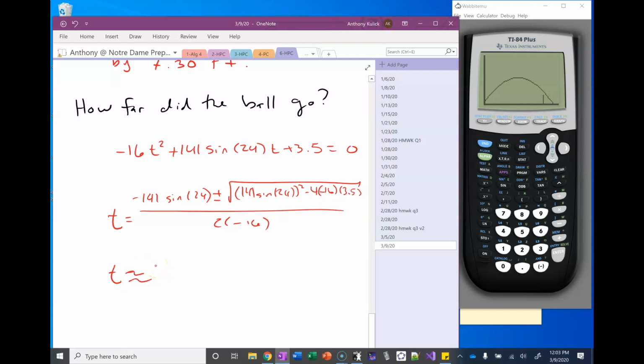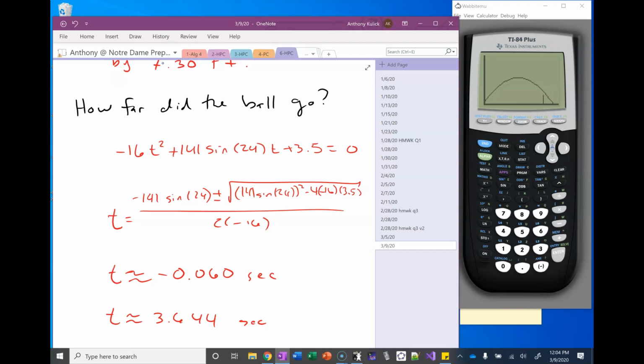So when I type this into my calculator, I get two results. Do both of these answers make sense?